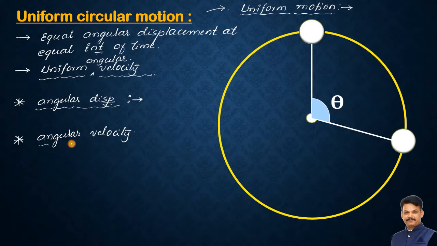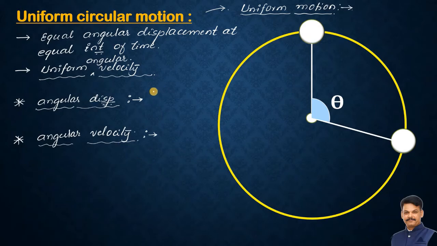Otherwise, if you want to consider the angular velocity in the definition, then you can define it as the motion of an object along the circular path with uniform angular velocity.